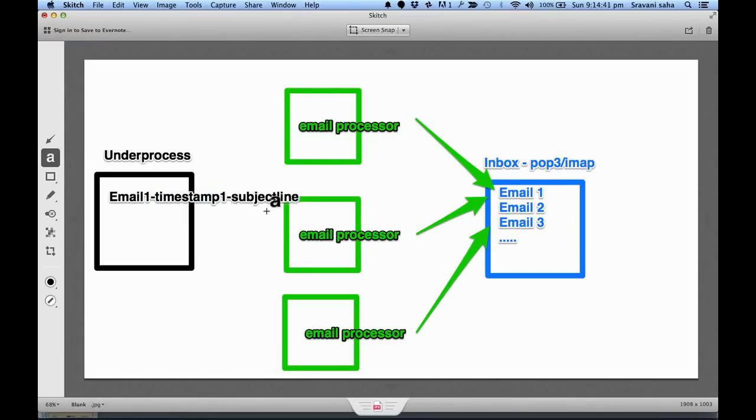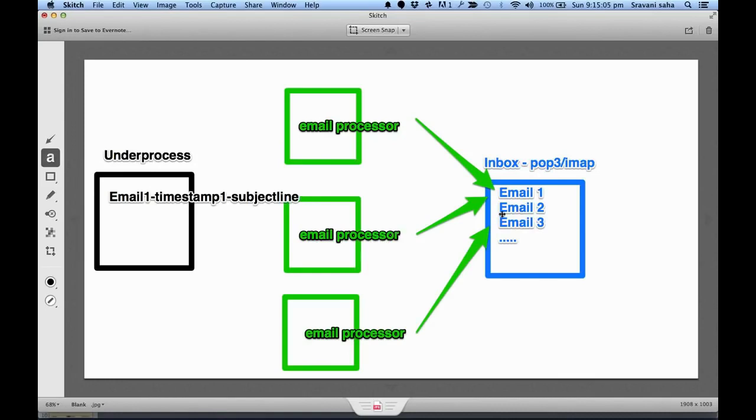So don't touch it. Okay. So email processor will pick an email and mark it here under process and start processing. Once the processing finishes, it will remove from here from the under process whiteboard and then mark the email as read instead of unread. Okay.